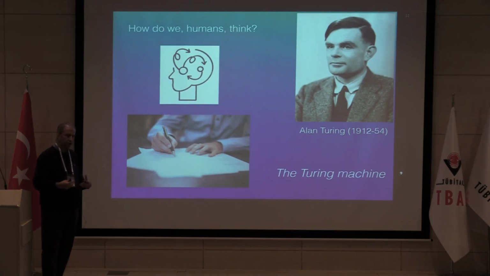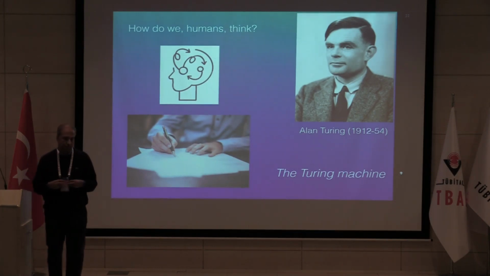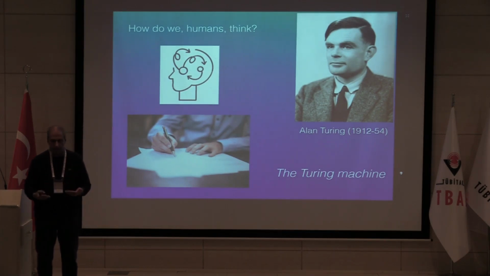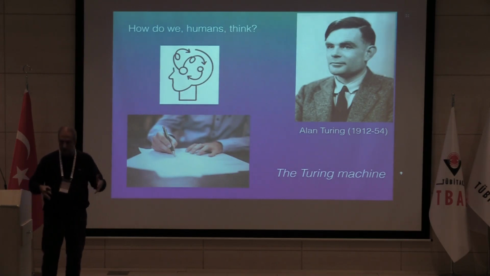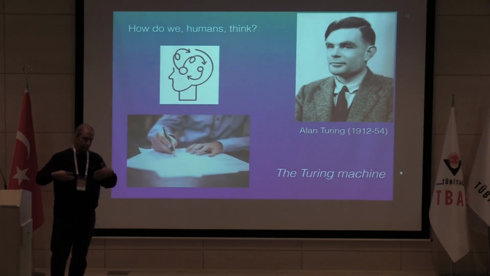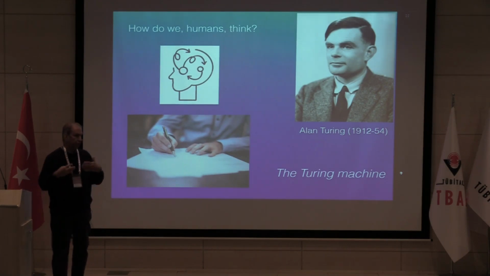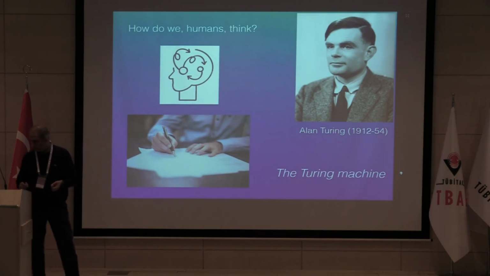This is the type of thinking that we humans do, right? We write something, our state of mind changes, and we write another thing, right? And then we go on and develop proofs, develop theorems, develop calculations, and so on.